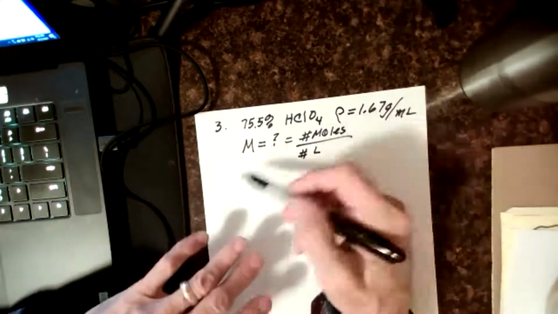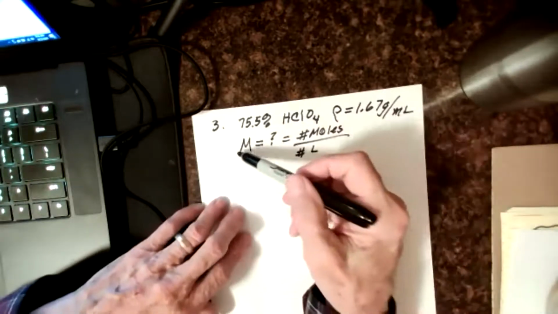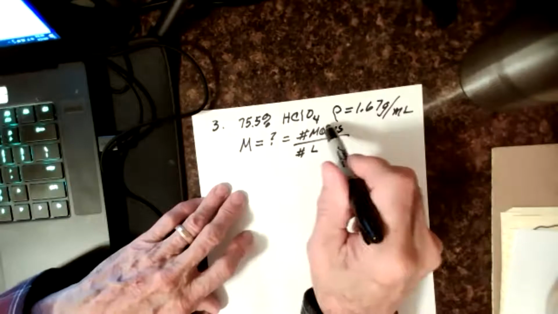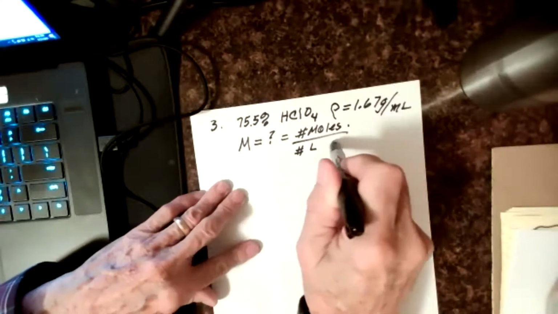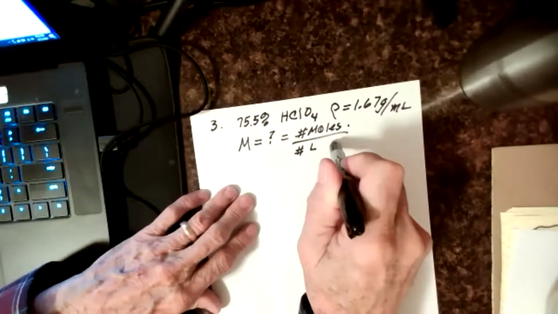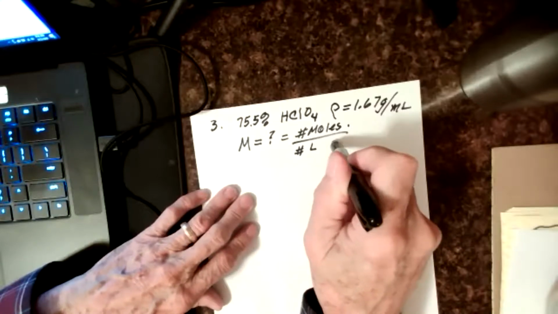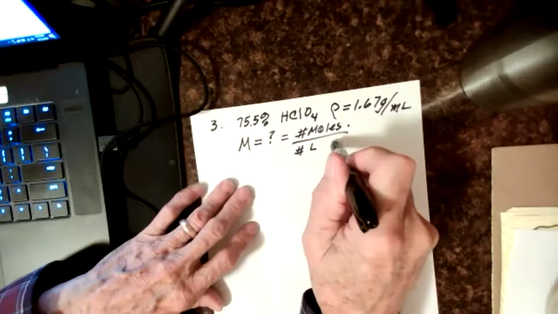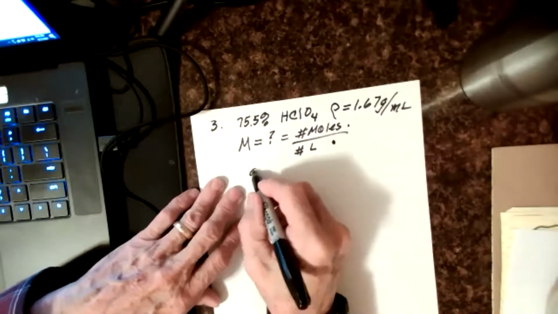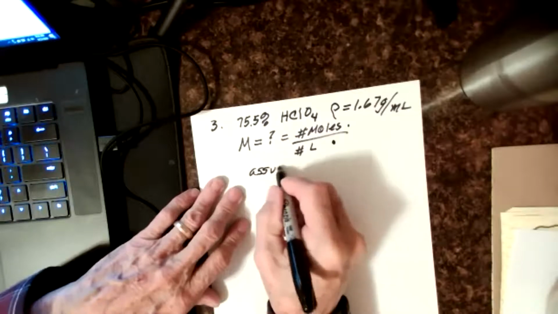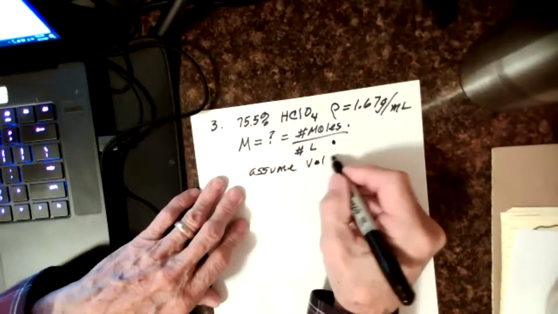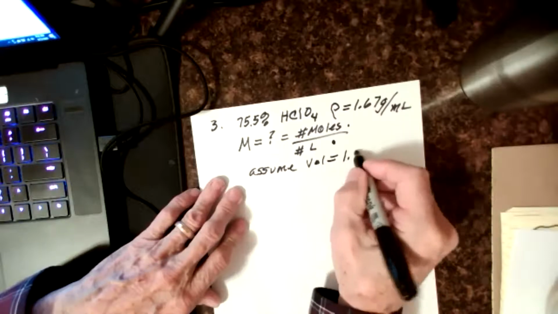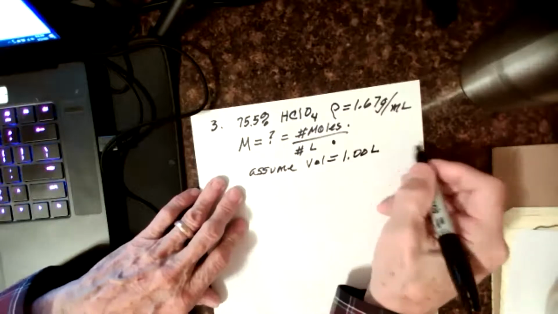And I know if it says what is the molarity, I've got to have a number that goes here and a number that goes here, and then I'm going to divide them out. And the easiest number in the world to divide by is 1 liter. So I'm going to assume the volume is equal to 1 liter, exactly.